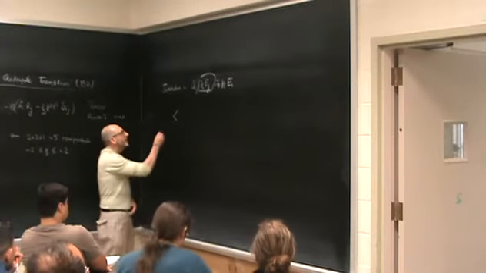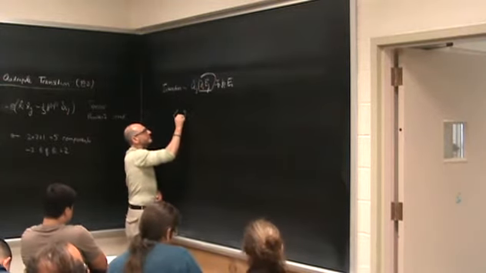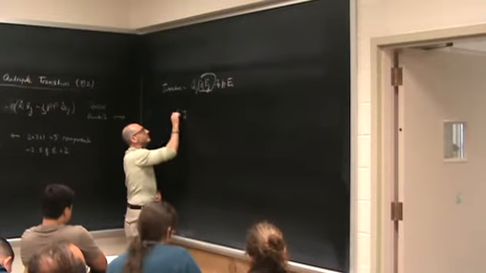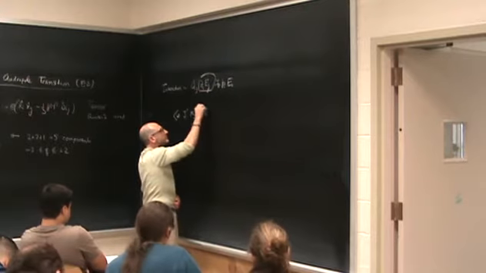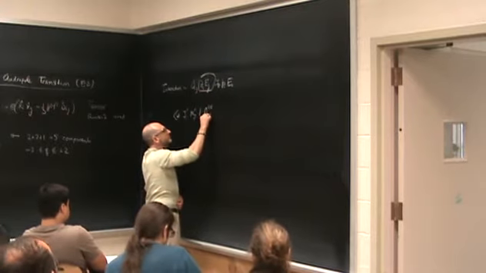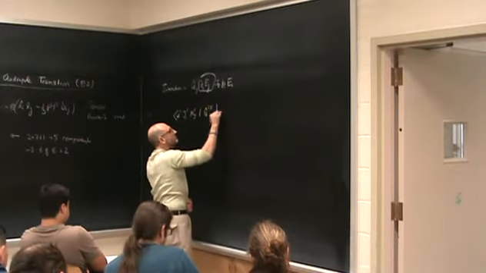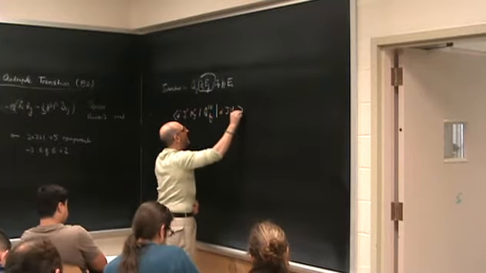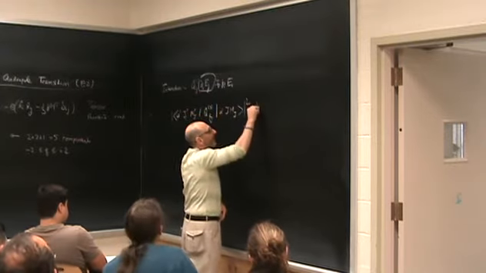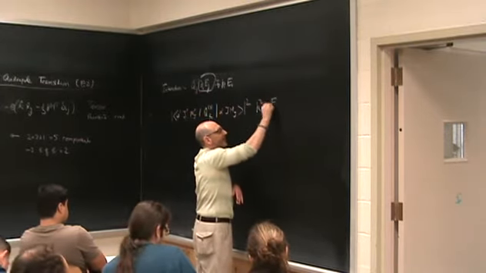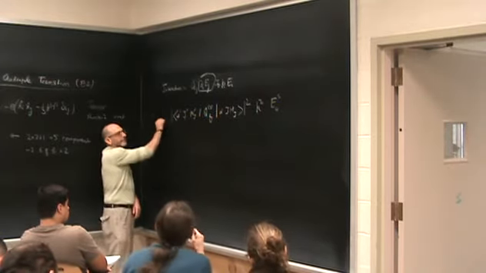So my absorption rate, say, depends on the square of this matrix element times something like k squared and E0 squared, right, the intensity. So it goes like that.